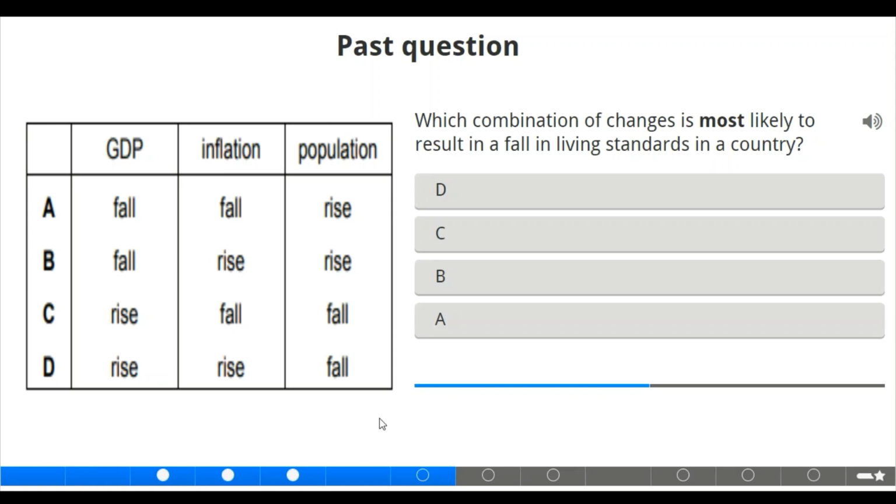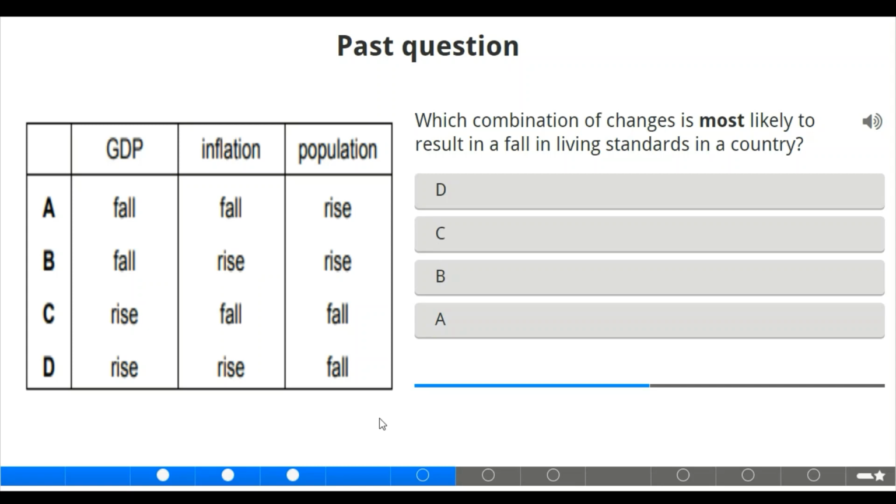We also have one last question here related to living standard. Which combination of changes is most likely to result in a fall in living standards in a country? Here we have the GDP, that is the gross domestic product, and we also have inflation, the general rise in the level of prices of goods and services, and we also have the population.